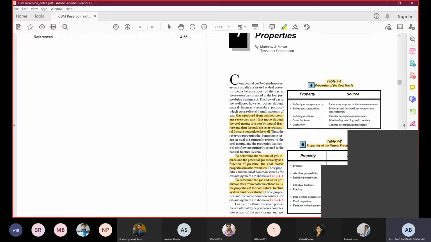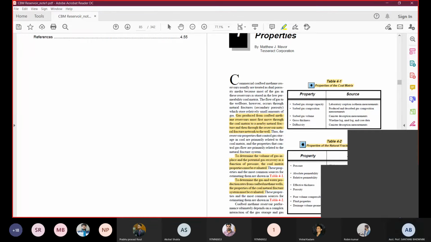When the diffusion process is done, the gases come into the natural fracture system in a free state. Then again the Darcy flow is governed by the pressure gradient, with the length, how much pressure is available. So again the permeability comes into place, and with this permeability the gases flow to the surface.